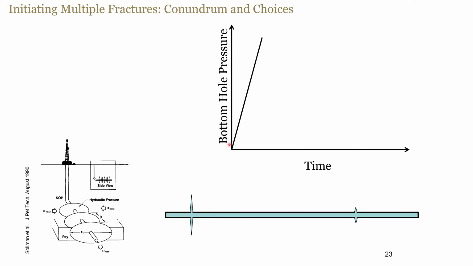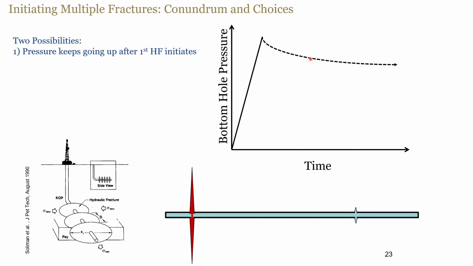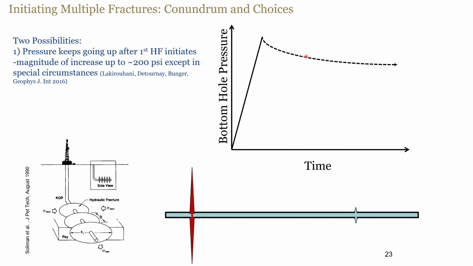And so when the pressure is ramped up, it reaches some point and that fracture starts growing, then what's going to happen next? The model would say that the pressure falls off. Experience would say that there could be some continued increase in the bottom hole pressure beyond this initiation, but maybe only by a couple hundred psi.